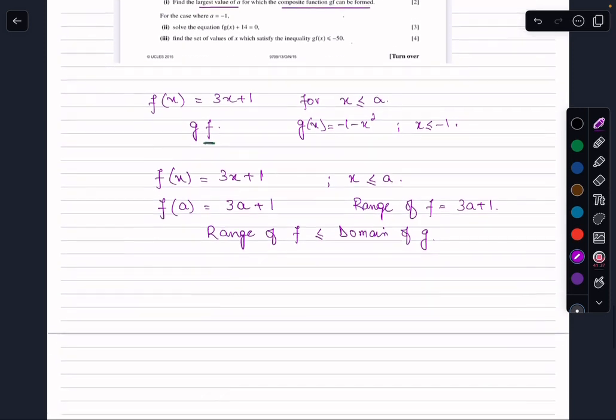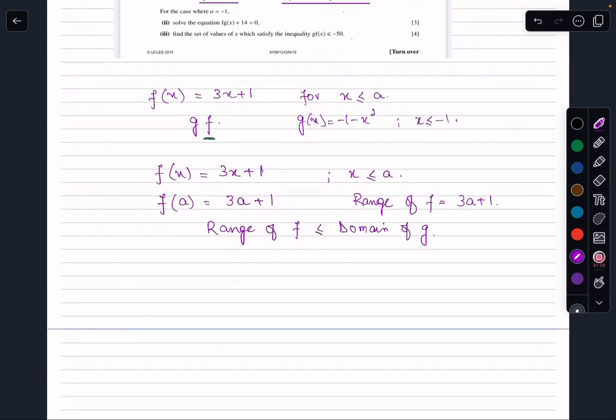So the range of the first function f is 3a plus 1, and this should be lesser or equal to the domain of g, which is lesser or equal to minus 1. So I can substitute this with negative 1, so that 3a is lesser or equal to negative 2, or a shall be lesser or equal to negative 2 by 3.